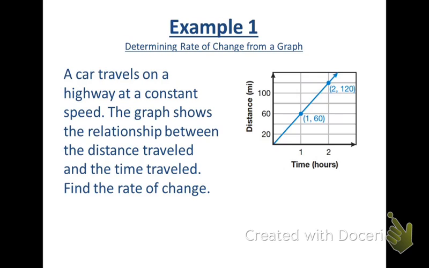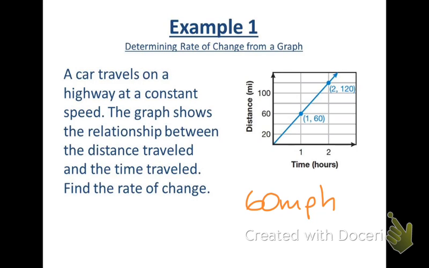So what are you saying that the rate of change is? 60 miles per hour? Does everybody agree with that? That makes sense, right? Because a rate is distance over time, and so that's 60 miles for every hour is the rate that is being shown here.